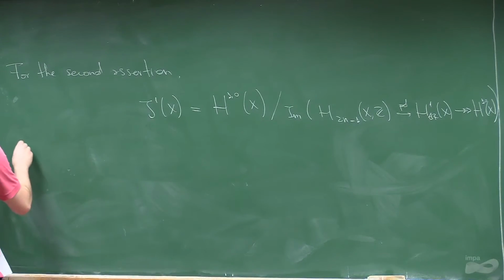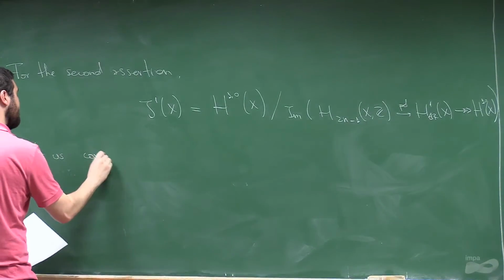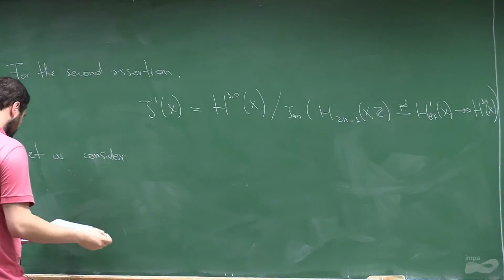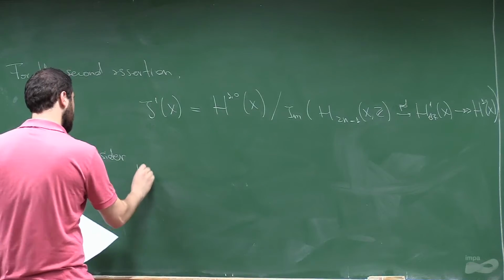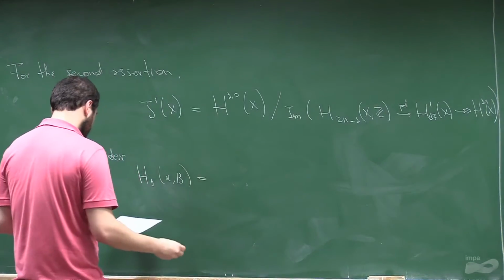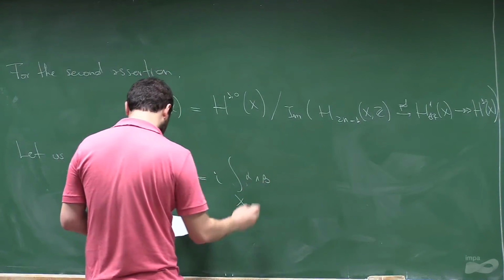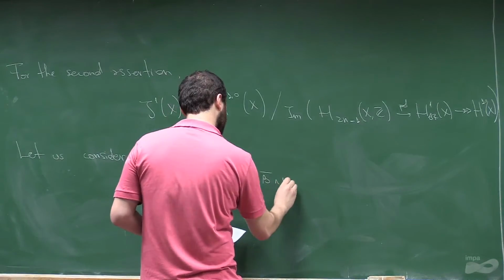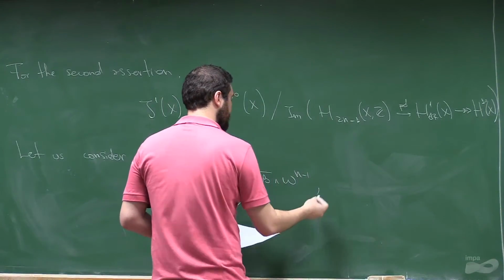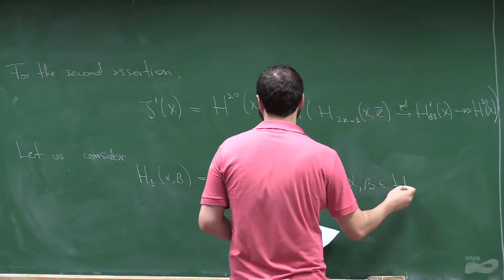So let us consider the form H1 of alpha, beta equal to i times the integral over X of alpha wedge beta bar wedge omega to the n minus 1, for every alpha and beta in H^{1,0}.